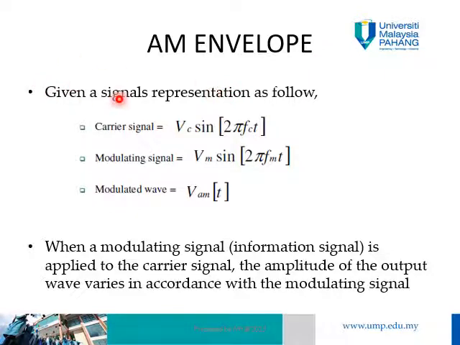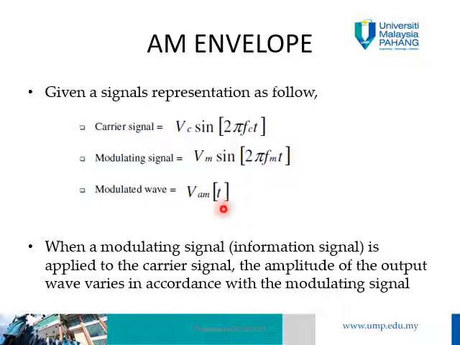Given a signal representation as follows: carrier signal Vc sine omega t, or 2 pi fc t; modulating signal Vm sine 2 pi fm t, or omega m t; and the AM modulated wave, VAM, the amplitude modulated signal.